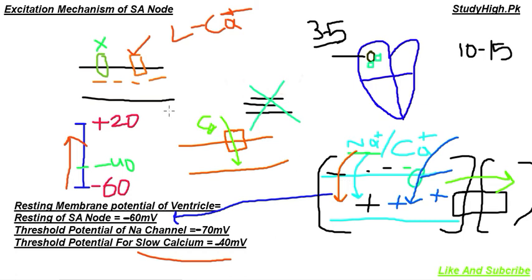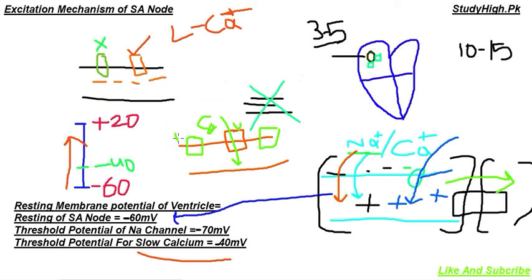Now there are a large number of potassium channels also present. So when the action potential has been generated, the inside becomes more positive and the outside negative. These L-type calcium channels, or slow calcium channels, will start closing. When they close, the permeability of calcium to the inside will be blocked, and potassium channels will open.